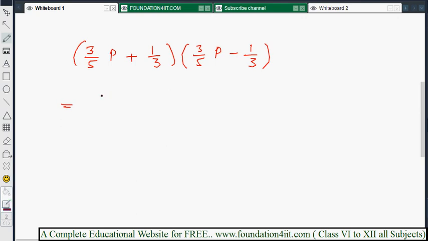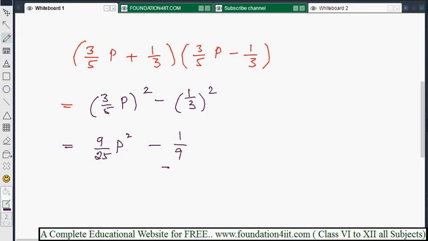So directly we can write 3 by 5p, first term, whole square, and minus the second term, 1 by 3, whole square. That's it. Now each and every letter in this whole square you need to square. That is 3 square is 9 by 5 square is 25, and p square. Minus here 1 square is 1, 3 square is 9. So for everything you need to apply this. This is the solution.